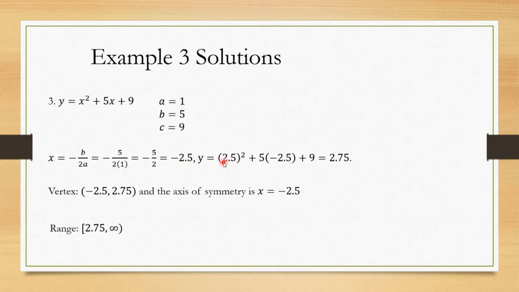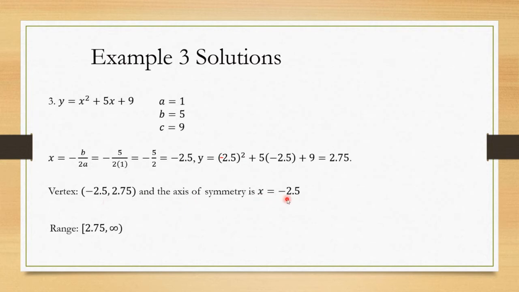So this probably should have been a negative 2.5 squared. I mean, we're still going to get the same answer. Let me just fix that quickly. There we go. Plus 5 times negative 2.5 plus 9. So we do end up with this, as you can see. So this is the y coordinate of the vertex.